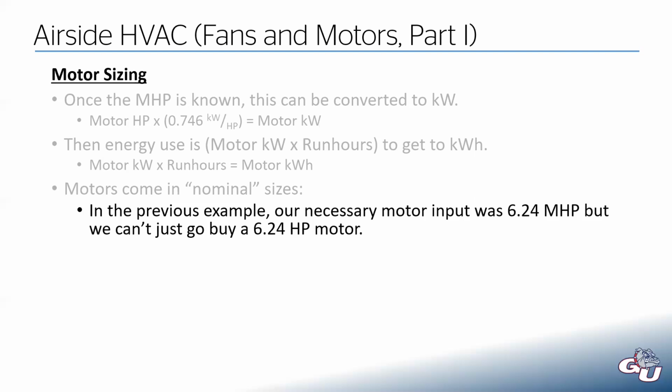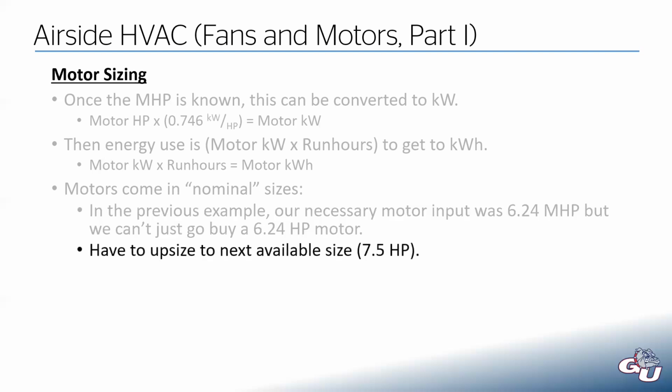They make them in specific sizes. In this case, we'd have to upsize to the next size up, which is 7.5. And then the motor will just be a little bit oversized. And that's okay. In fact, virtually every motor out there is oversized to some degree, or at least it should be.